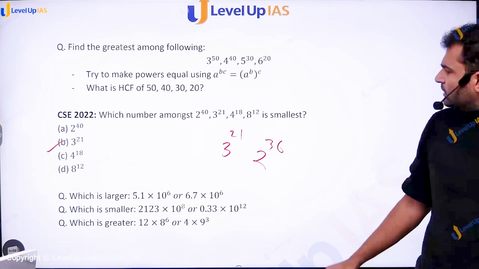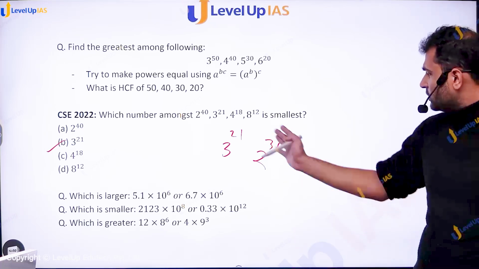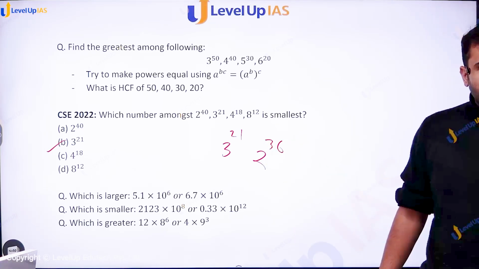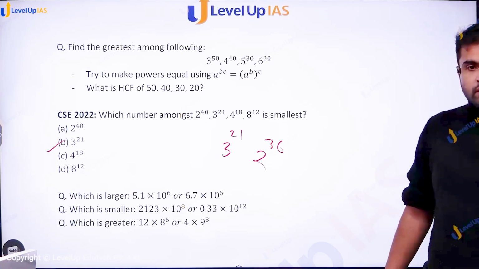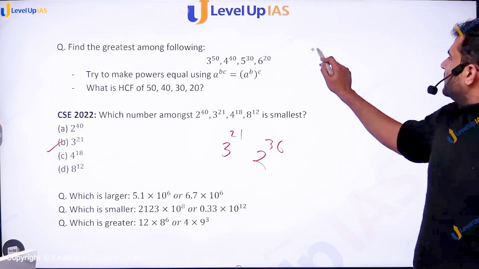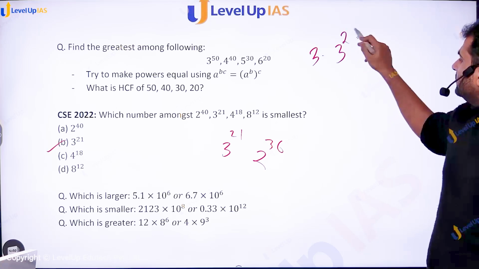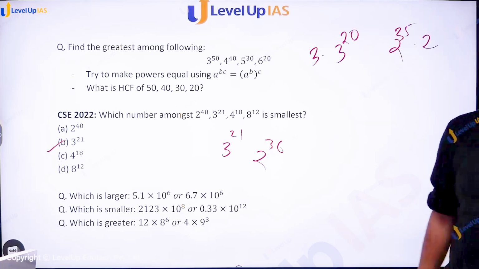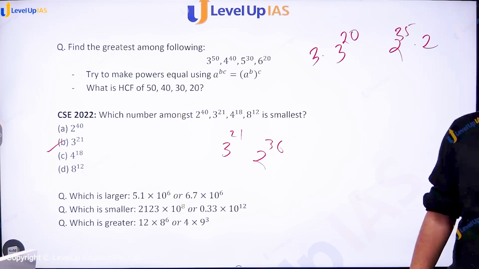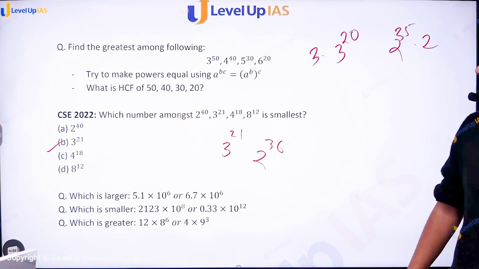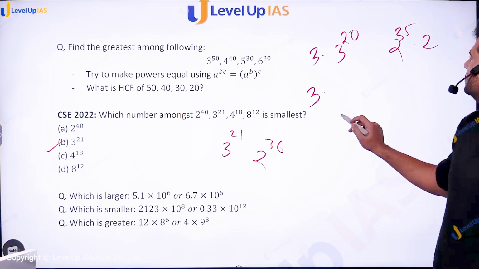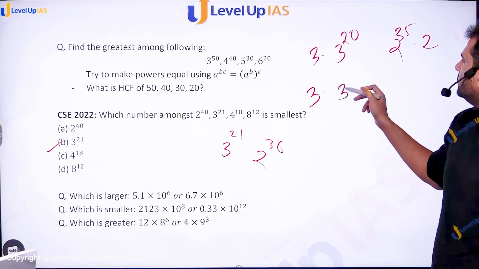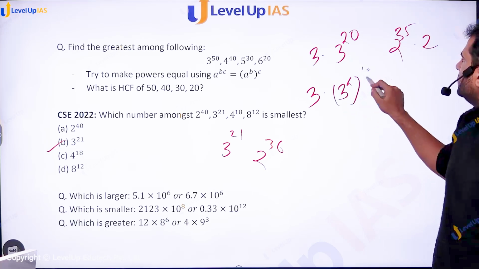Or what you can do is, we can reduce each of them by 1, and then the HCF would be 5. We can write it as 3 into 3 to the 20, and you can write it as 2 to the 35 into 2. So this would be 3 into 3 to the 4, all raised to 5.